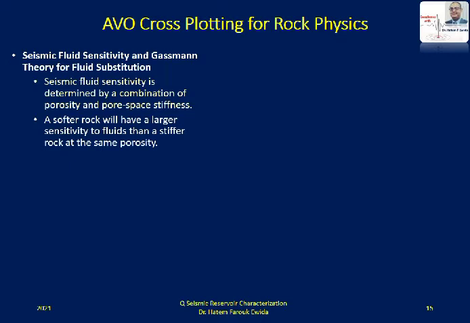So the seismic fluid sensitivity is determined by the combination of porosity and pore space stiffness. A soft rock will have a larger sensitivity to fluid than the stiffer, if both have the same porosity.